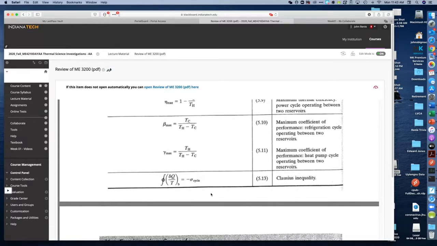Another concept that's discussed in this particular chapter deals with entropy, which is discussed in chapter 6.